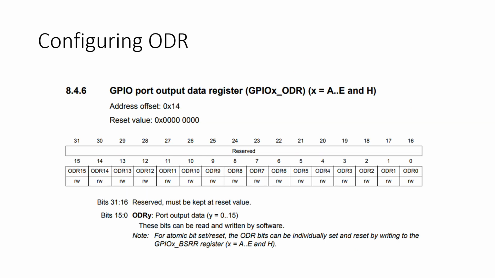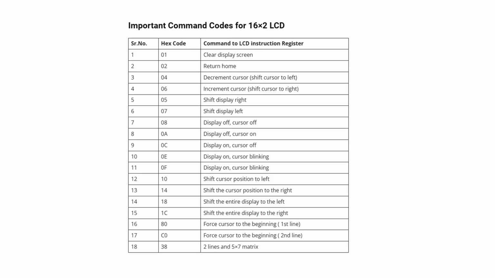And this is the ODR register configuration, in which you have 16 bits each corresponding to their respective pin. And these are some of the common command codes that we'll be using to address the 16x2 LCD. The important ones are 0x01 for clearing the display, and auto increment mode 0x06.